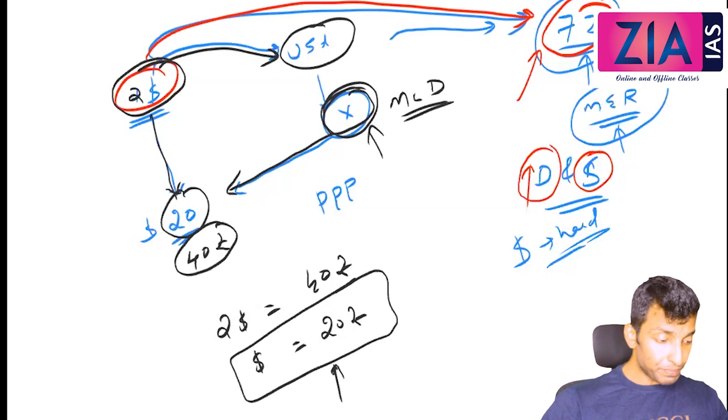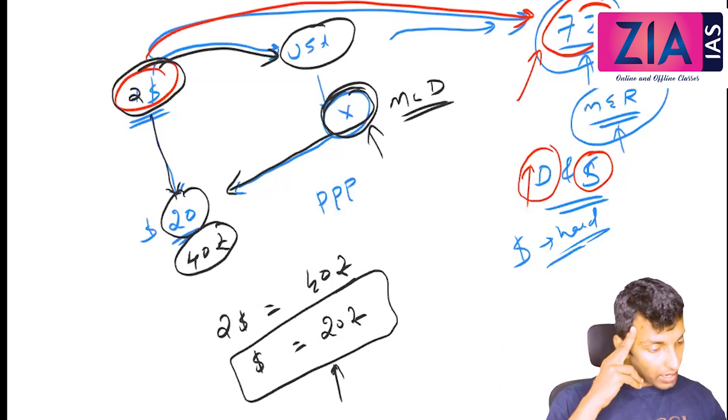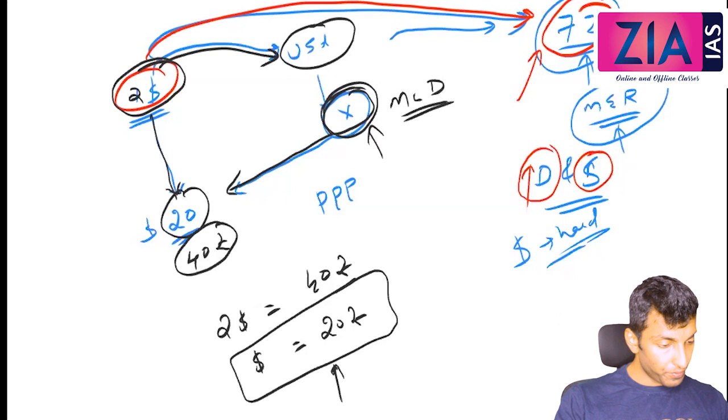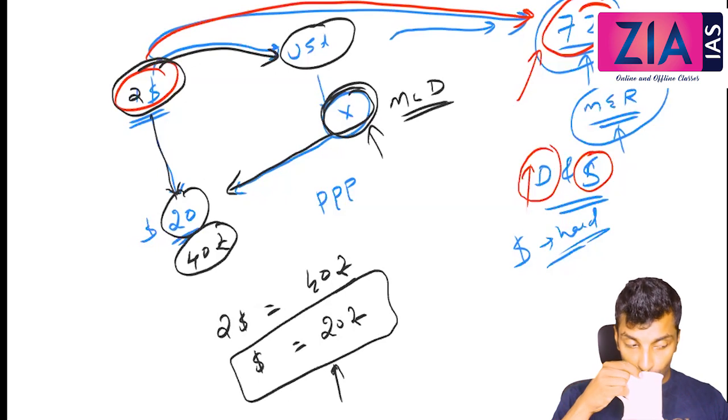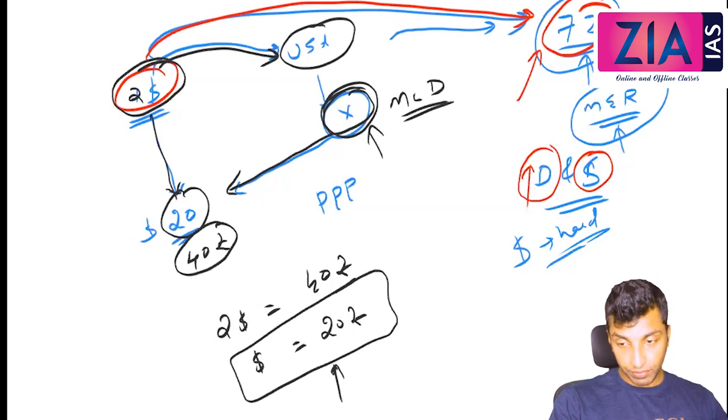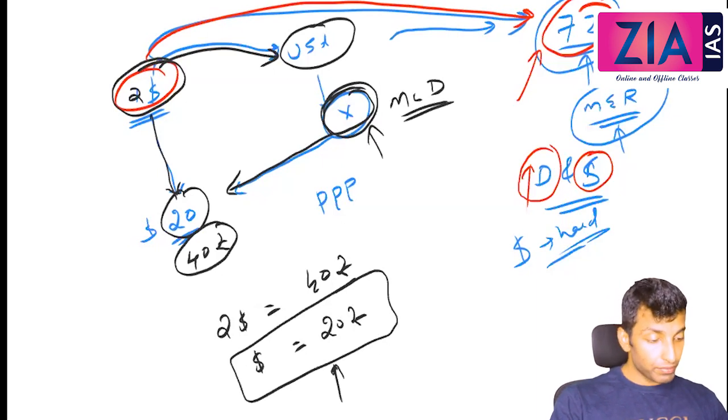It is an exchange rate system under which exchange rates of various currencies are determined on the basis of their relative purchasing powers in the respective countries. So here we are comparing it with India and US.